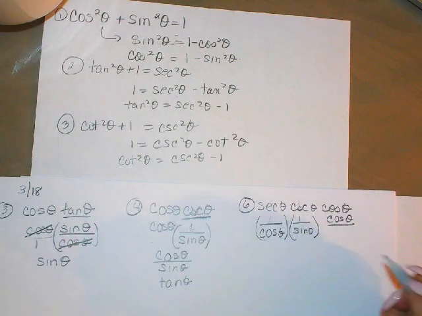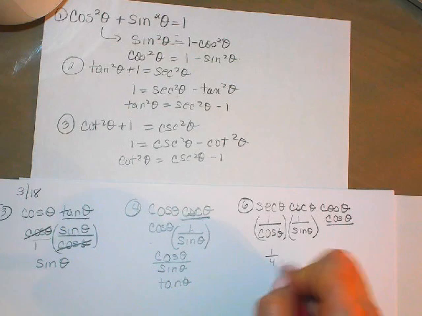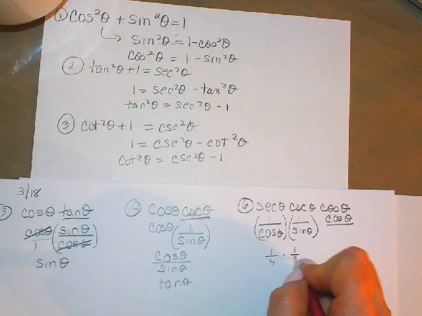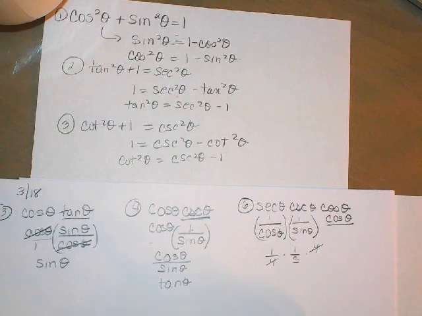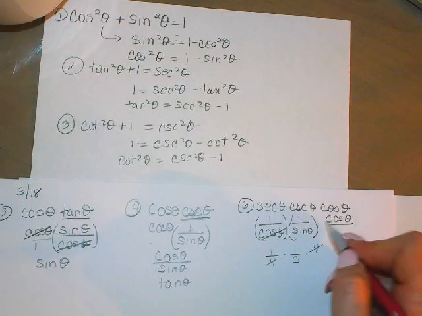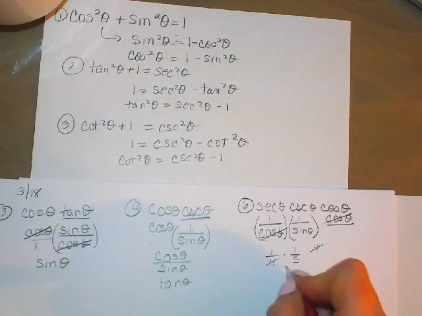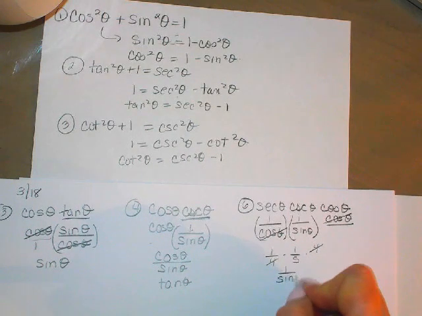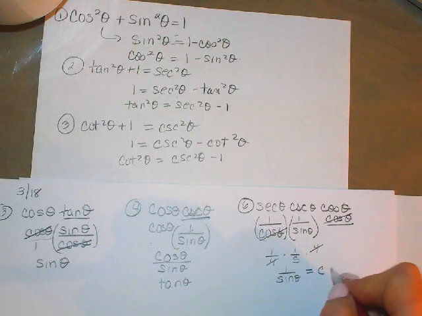Now remember guys, you're still following the rules of math. For example, if this had 1 over 4 times 1 over 5 times 4, you could cancel this 4 with this 4 and be left with 1 over 5. Same thing here. This denominator could cancel with the numerator. You're left with 1 over sine, which is a reciprocal function, and it's really cosecant.